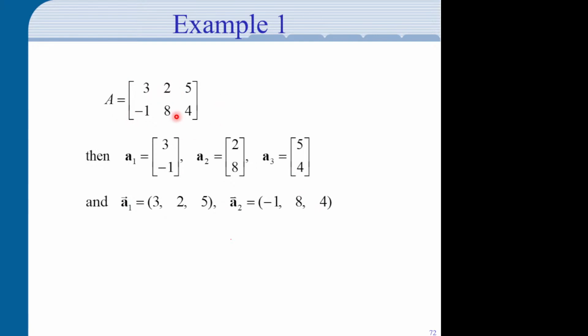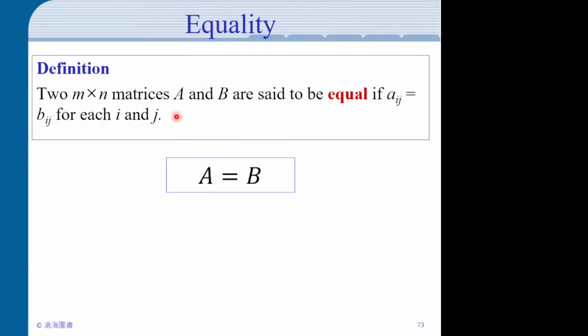Okay, and now we go to a little more algebraic part of this section. So we say two matrices are equal, a matrix A and a matrix B, A equal to B. First, if they are equal, then they must have the same dimension, otherwise they cannot be equal.